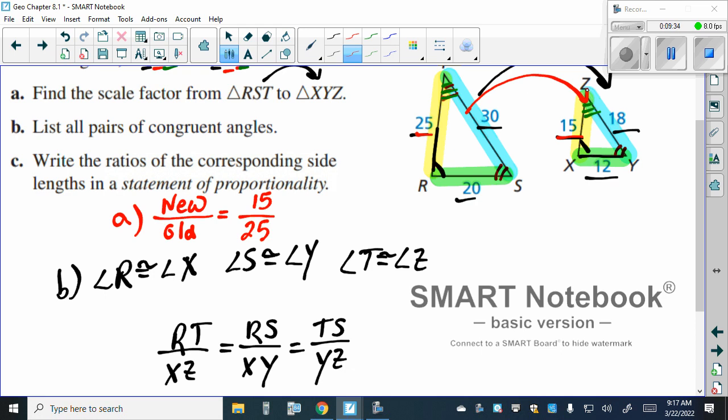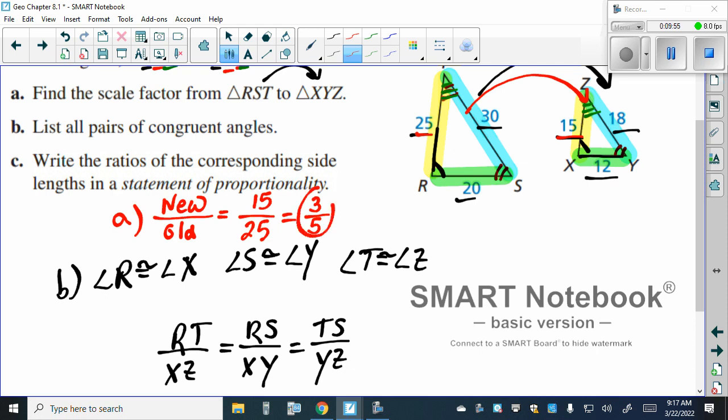And all we have to do is simplify this. We could type 15 over 25 into the calculator to see what that gives us. But both 15 and 25 have a common factor of 5. If we reduce that, it would give us 3/5.